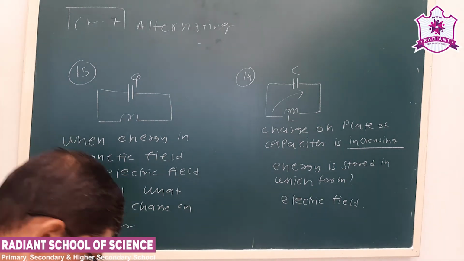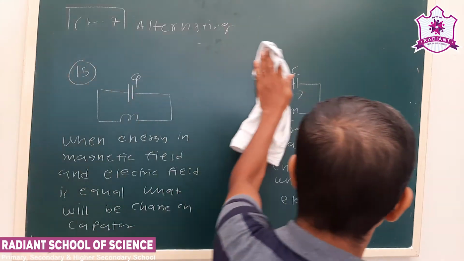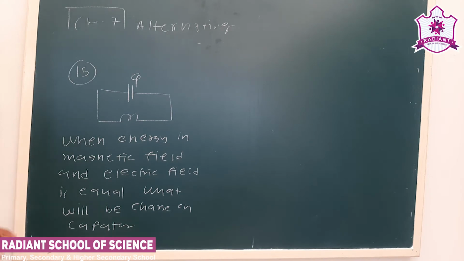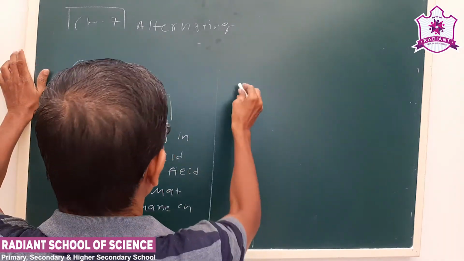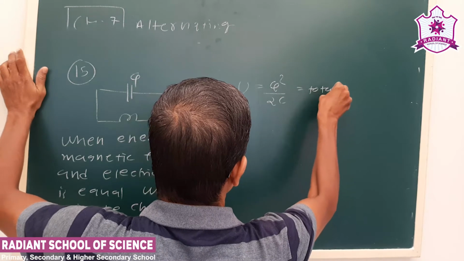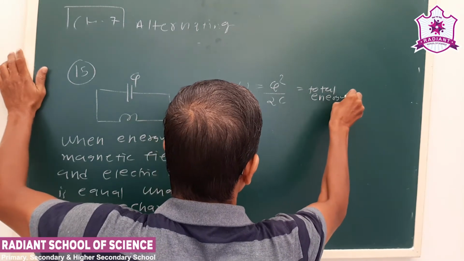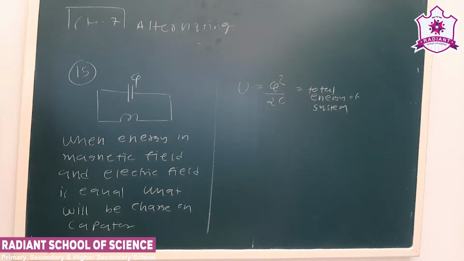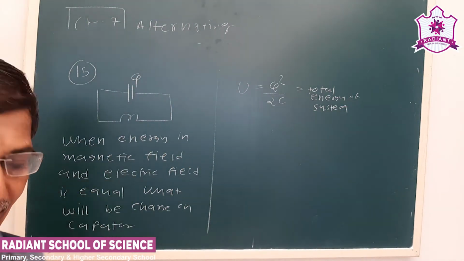Okay, now see the initial charge on the capacitor is Q. Now U is equal to Q square by 2C, that is the total energy. Why? Because initially all the energy is in the form of electric field.